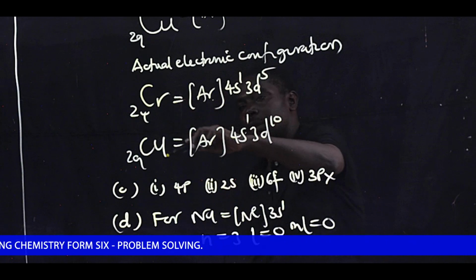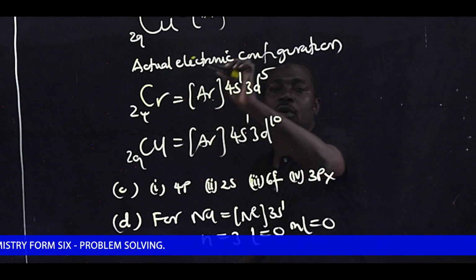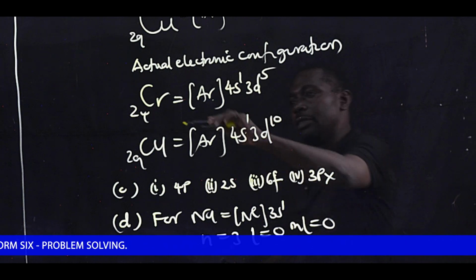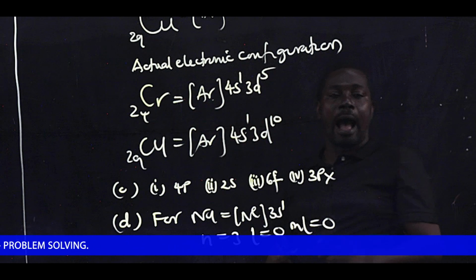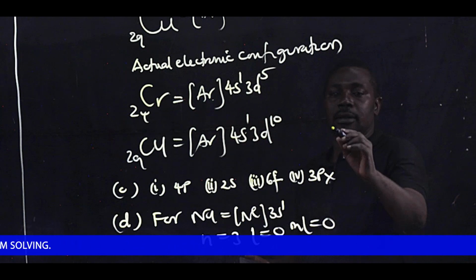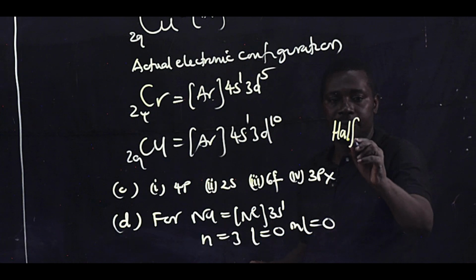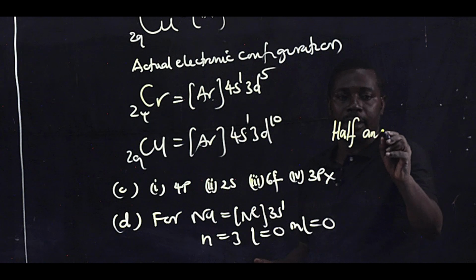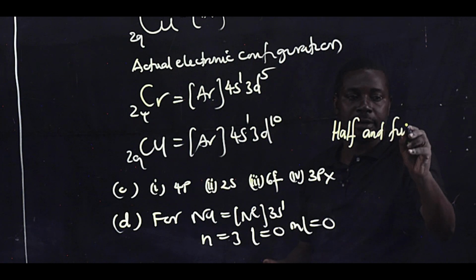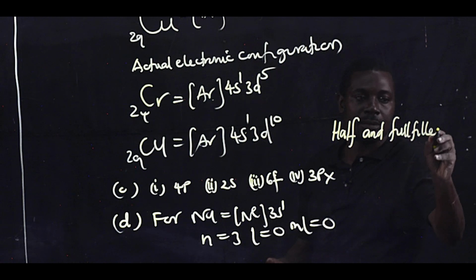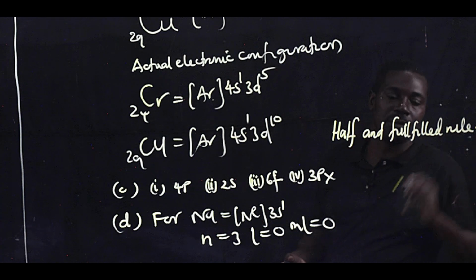The unique or unusual electron configuration of these two elements is attributed to one principle known as the half and fulfilled law.